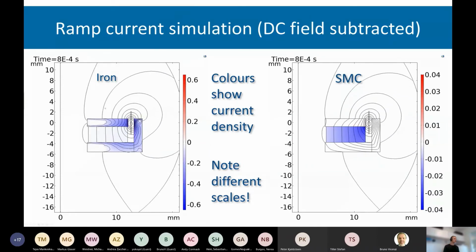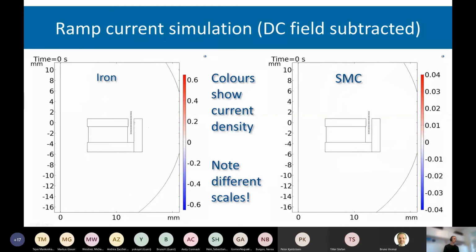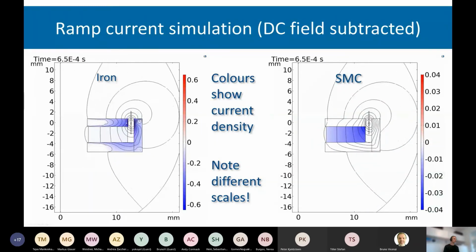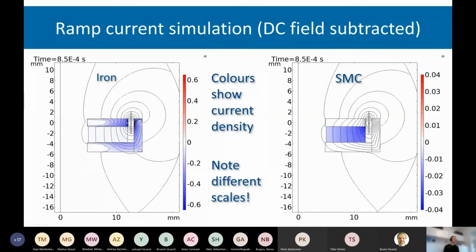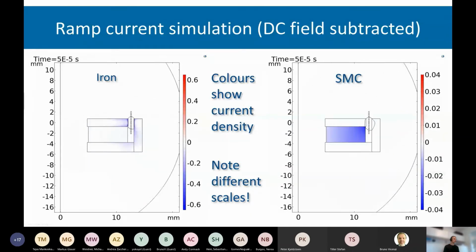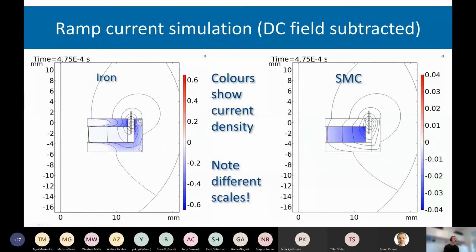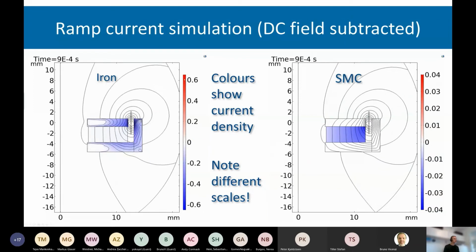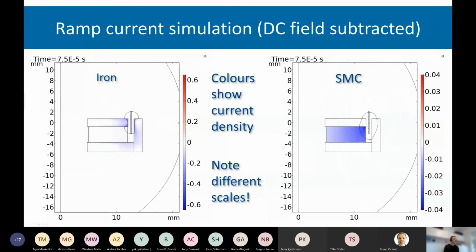On the left, you can see the iron material, where the flux lines have a tendency to be captured a little bit. So they are not expanding so fast in the material. It's because of eddy currents. Please look at the scaling of the currents that run.